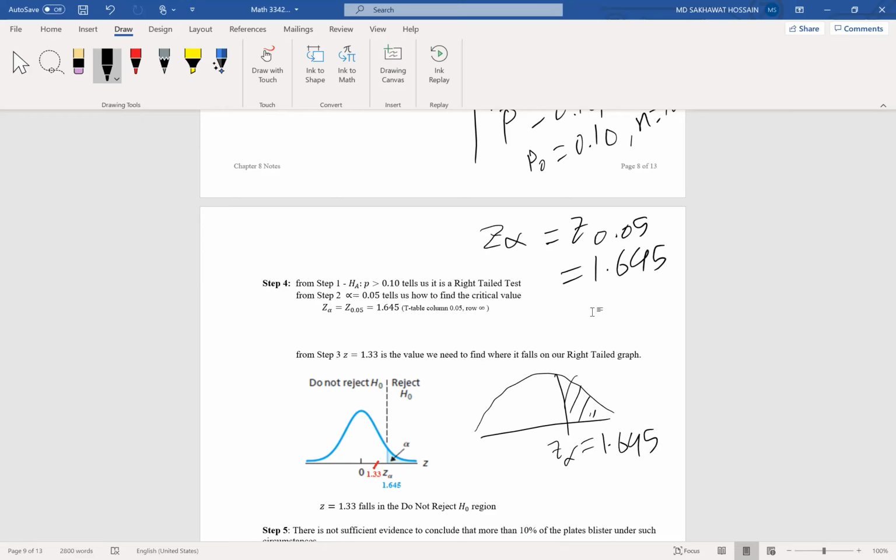Now we'll check where the test statistic falls. The test statistic is 1.33, so it is somewhere here, right? Is it in the rejection region or outside the rejection region?